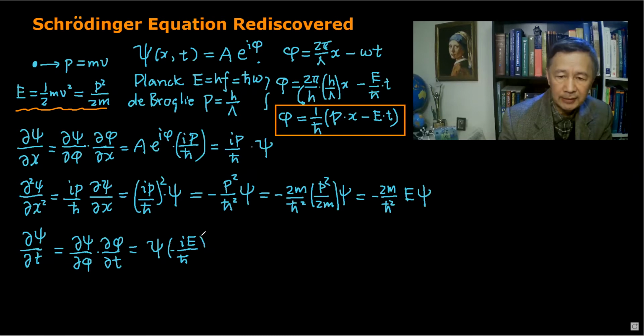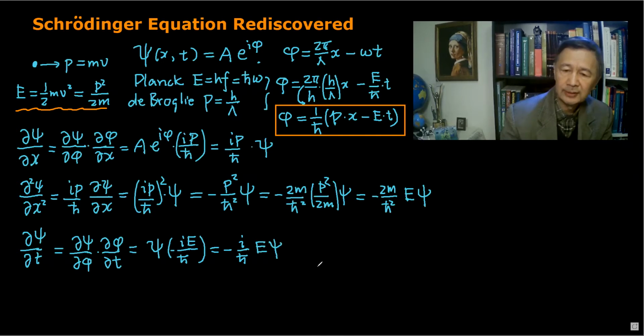Can we put this factor in front of the wave function? That will become i over h bar times E times the wave function.